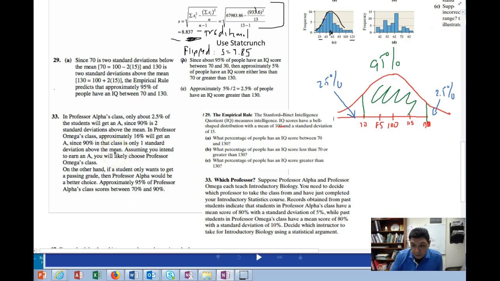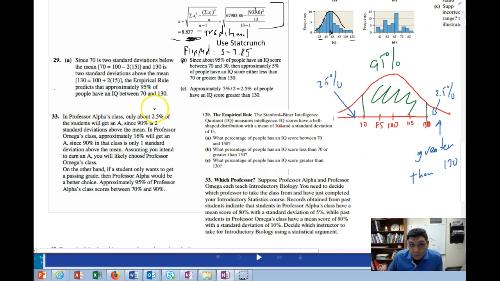And then what percent has an IQ greater than 130? That would be on this side over here. This is greater than 130. So that's the answer for 29.